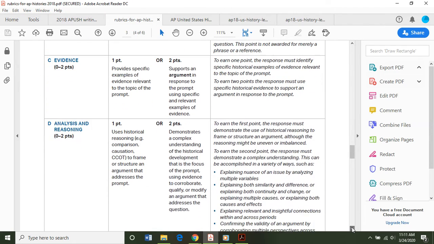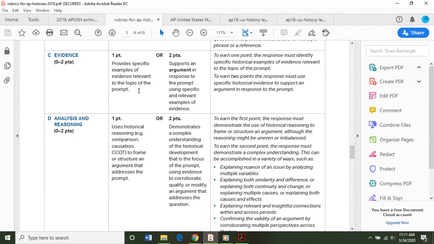This first one is super duper easy to get. You get 1 point for mentioning 2 specific pieces of evidence that are relevant to the prompt. So if the prompt is, what are the causes of America getting into World War One? If you mention, let's say, the Sussex Pledge or the Zimmerman Note, boom, you've got that first point right there.